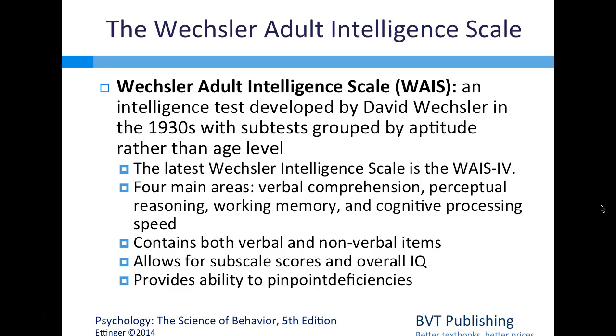So the latest Wechsler Intelligence Scale is the WAIS-4, and there are 4 main areas in this test: verbal comprehension, perceptual reasoning, working memory, and cognitive processing speed. This contains both verbal and nonverbal items and allows for subscale scores and overall IQ, and provides ability to pinpoint deficiencies in intelligence.